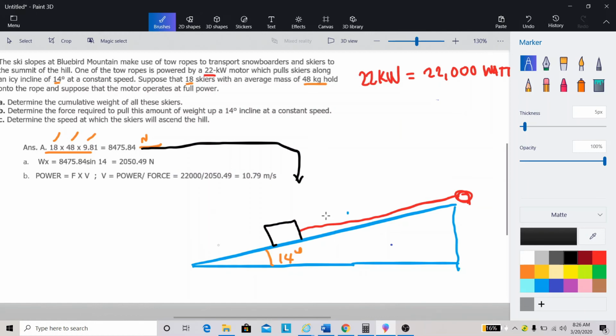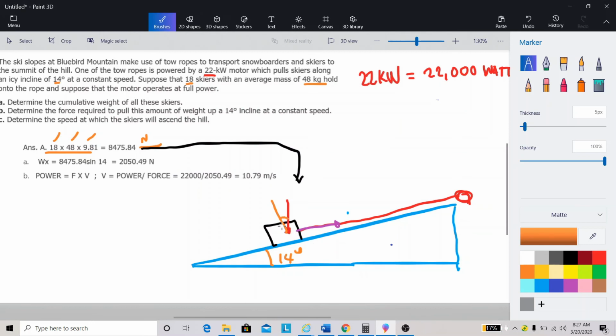8,475.84 newtons. Now, we know that this weight will be directed vertically downward. Our weight is always downward. And the weight has an X component and a Y component. If this is 14 degrees, as we studied, this is also 14 degrees.